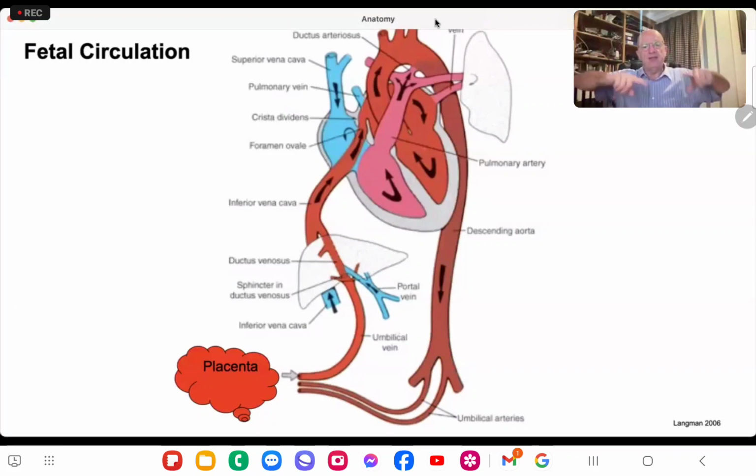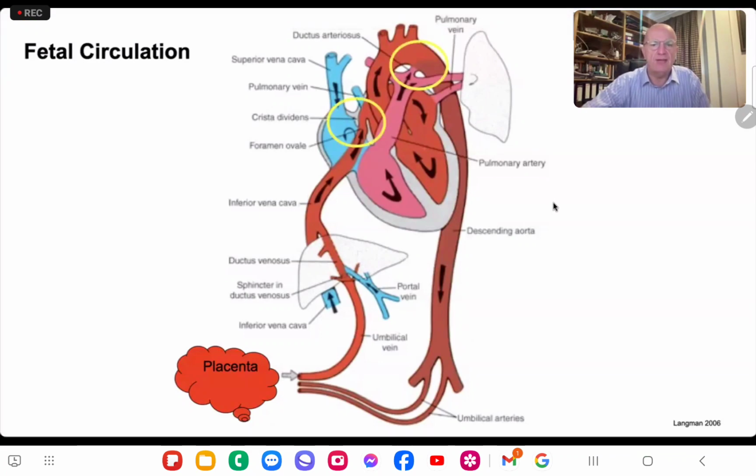The resistance for blood to flow through the lungs goes down, and the pressure in the pulmonary circulation goes down, the pressure in the systemic circulation goes up a bit, and the direction of flow reverses. So if you've got a patent ductus in a grown person who's not Eisenmengered, then the direction of flow is the opposite. It's from the aorta to the pulmonary artery.